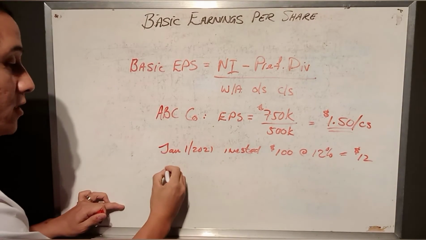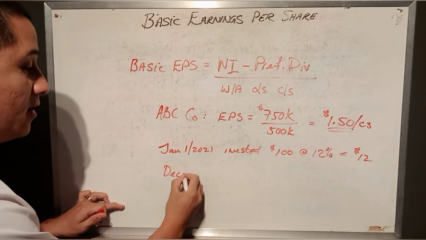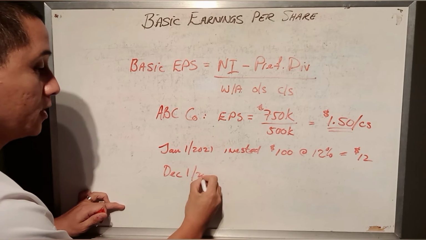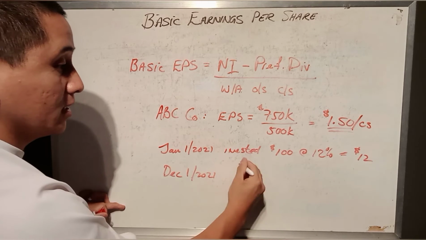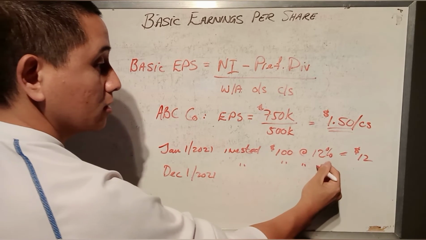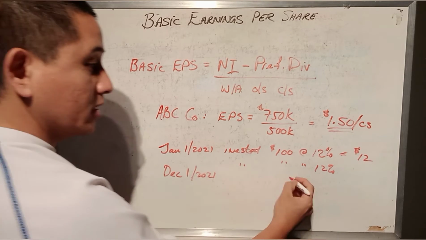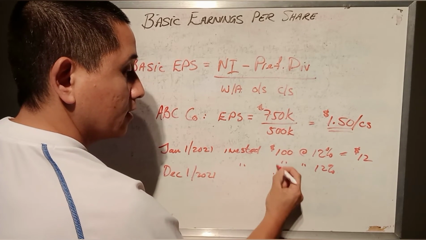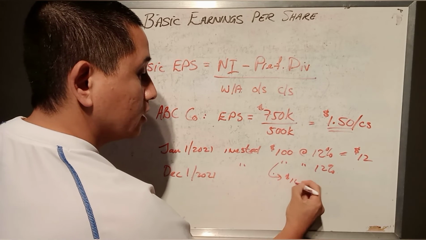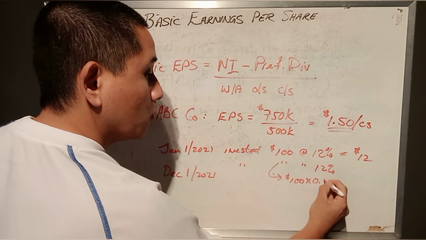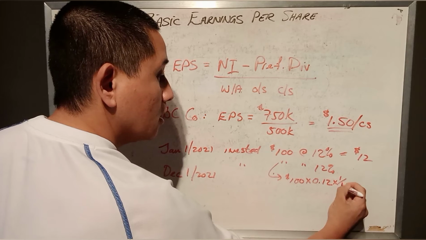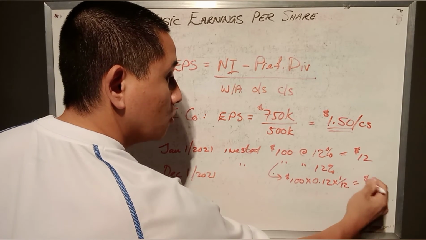Let's say we instead invested on December 1st, 2021, the same amount at 12%. Well, it's not a full year, so that would give us $100 multiplied by 0.12 multiplied by 1 month out of the whole year. That would give us only $1.